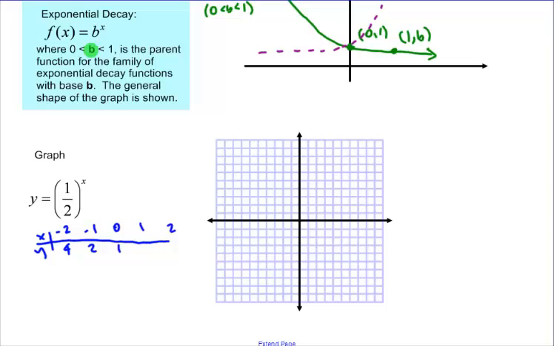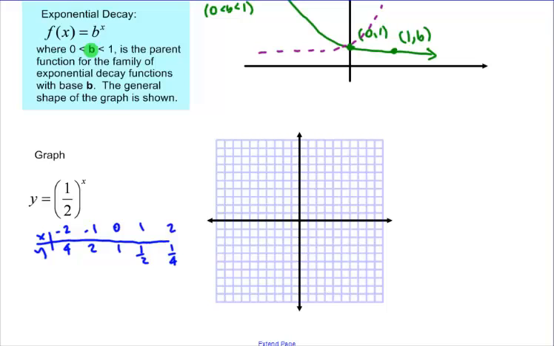And then put a 1 in, so this is 1/2 to the first, which is 1/2. And then put the 2 in, which is going to end up being 1/4.